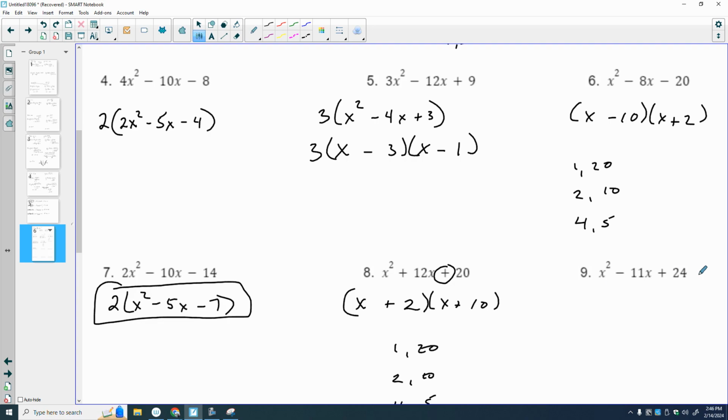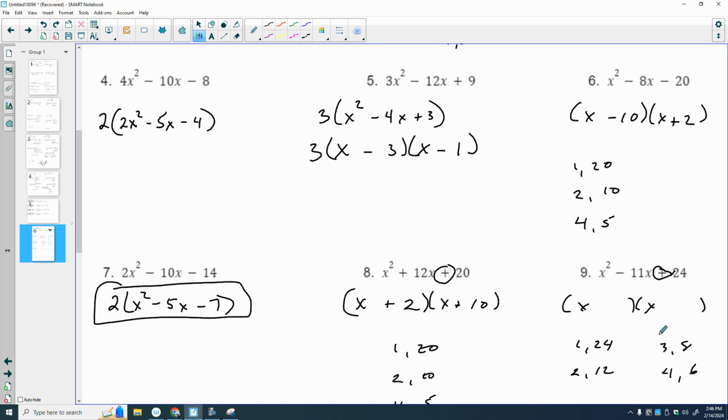Okay, anything common in all three terms? Nope. So I get x and x. How do I get 24? 1 and 24, 2 and 12, 3 and 8, 4 and 6. Which one adds to give me 11?